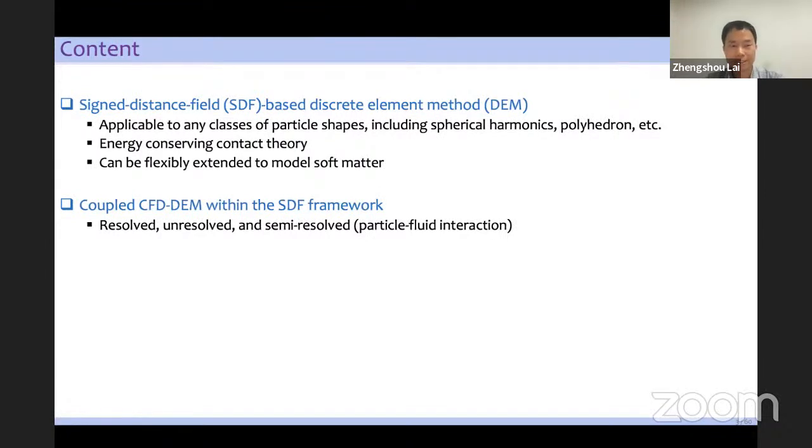The first is the signed distance field based discrete element method. This will be the method to model the contact dynamics of particles, and then DEM will be coupled with computational fluid dynamics methods to simulate fluid-particle interaction problems.